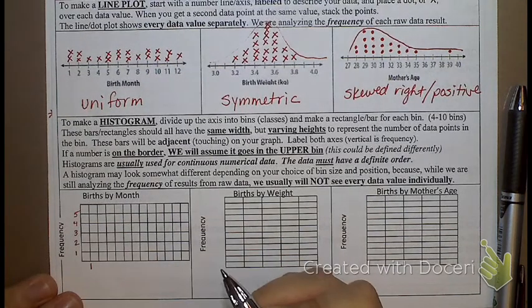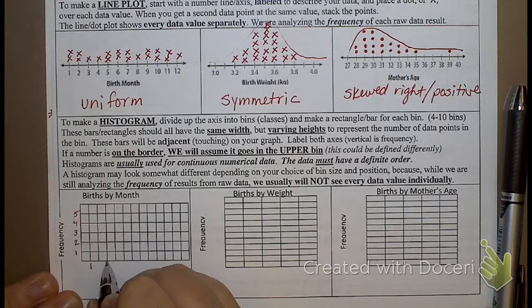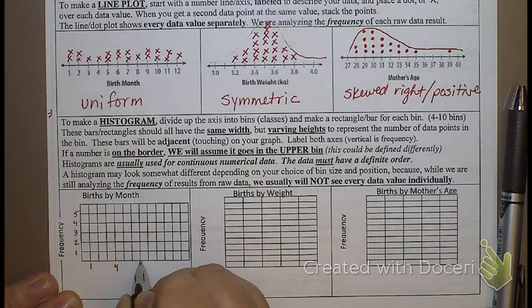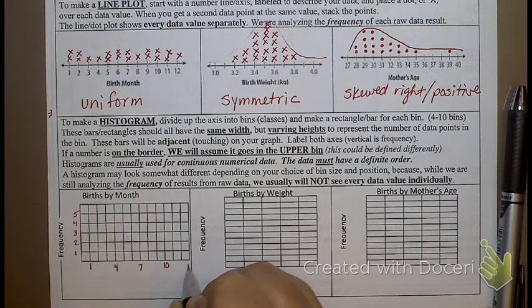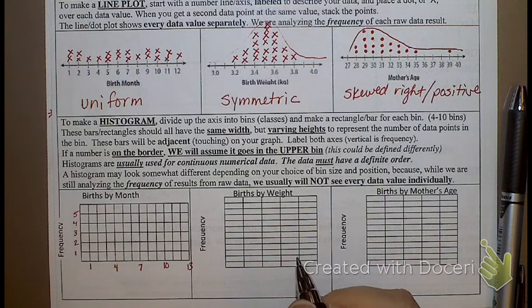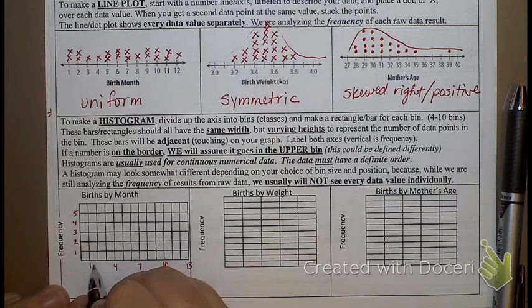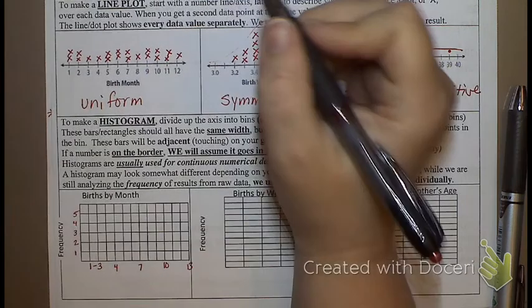I'm going to label number 1, number 4, number 7, 10, and this would technically be 13, which doesn't really make a whole lot of sense because, what? There's not 13 months in a year, right? But that's okay. So, for this part with 1, I'm going to say that this is birth months 1 through 3.